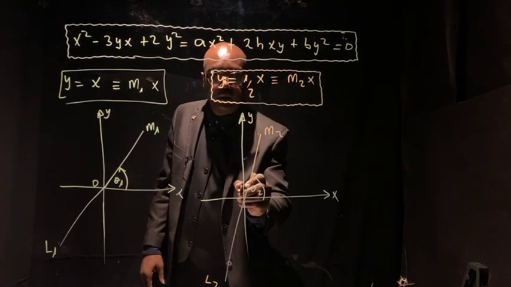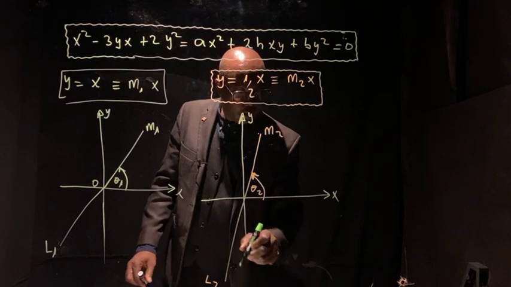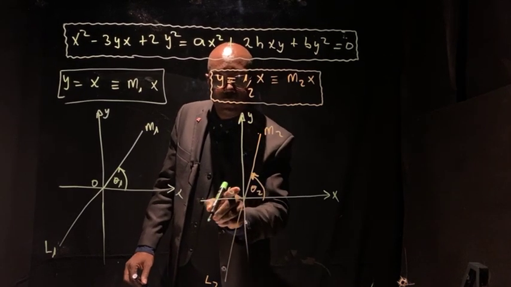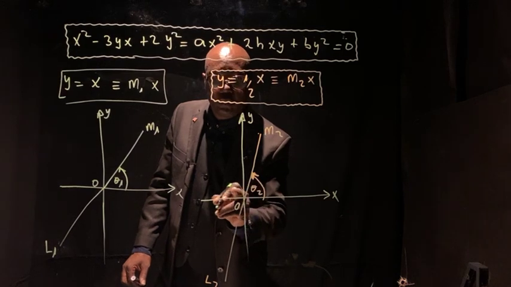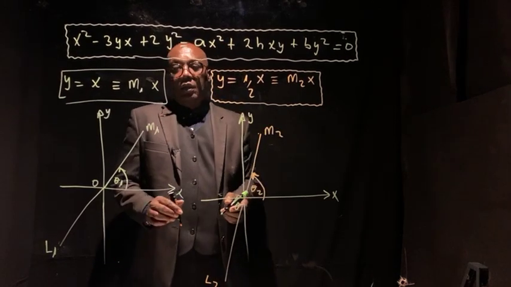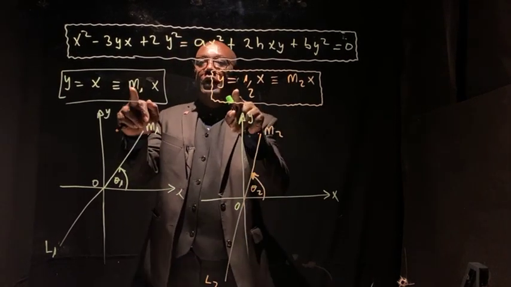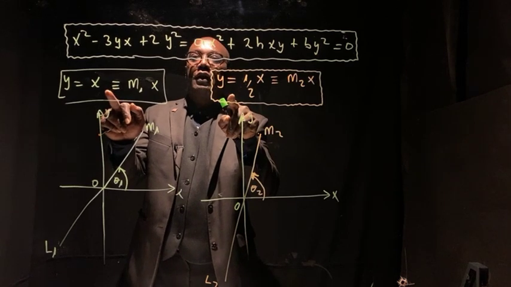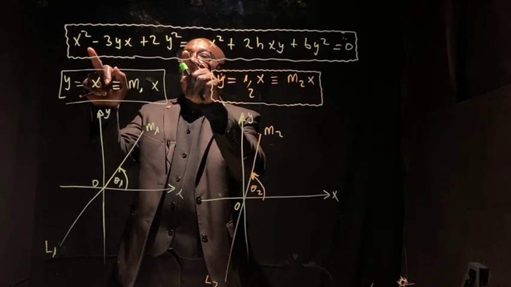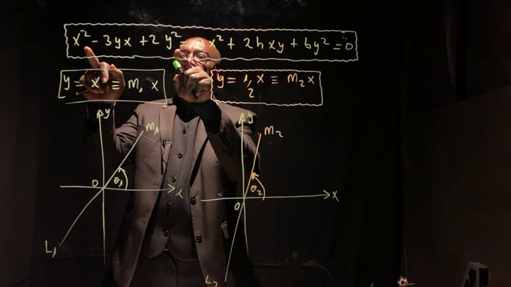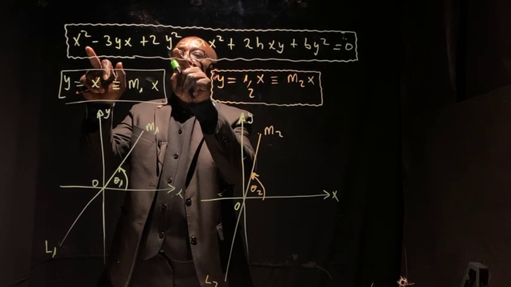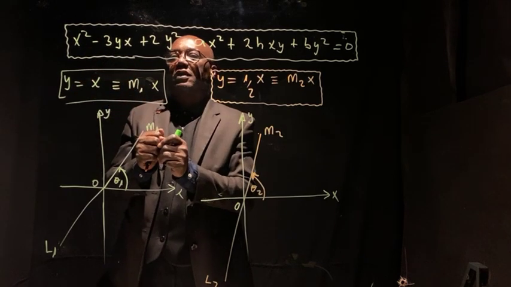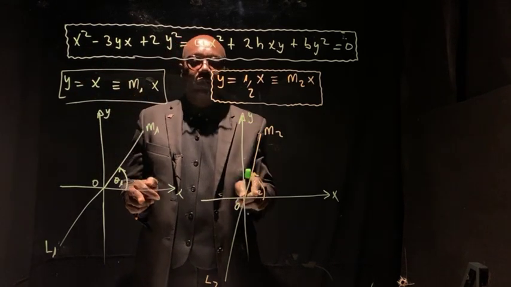And this is the origin. Okay. These two equations emanated from this equation. And that was the reason why we said that this equation represents an equation of a pair of lines. So these are the pair of lines.